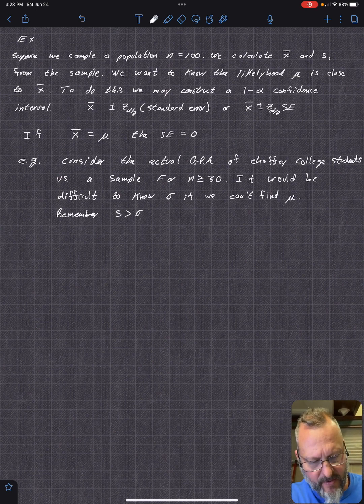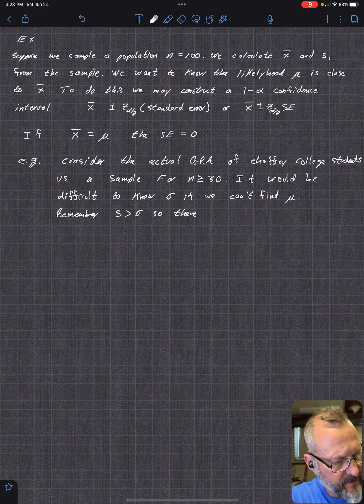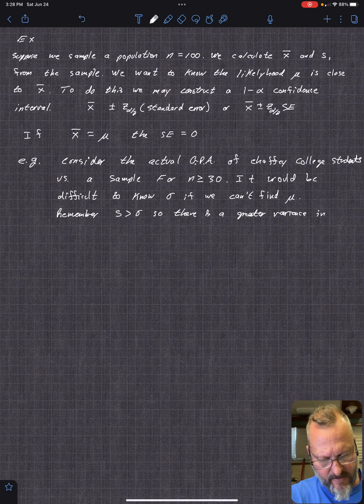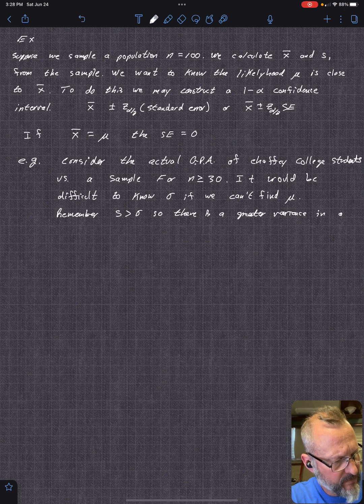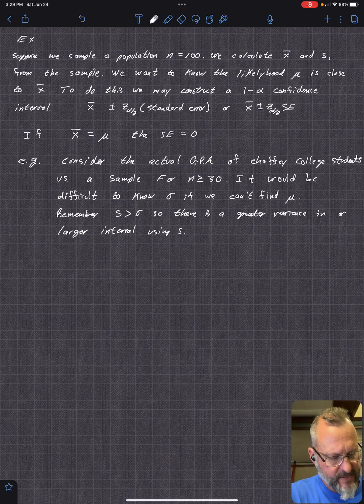There is a greater variance, or larger interval, using S. So think about that.